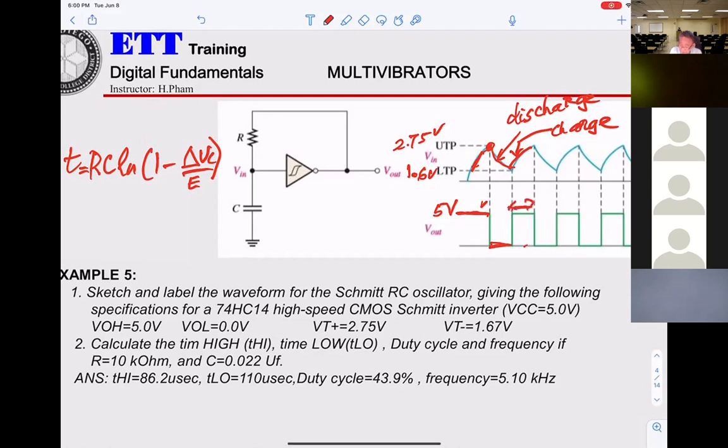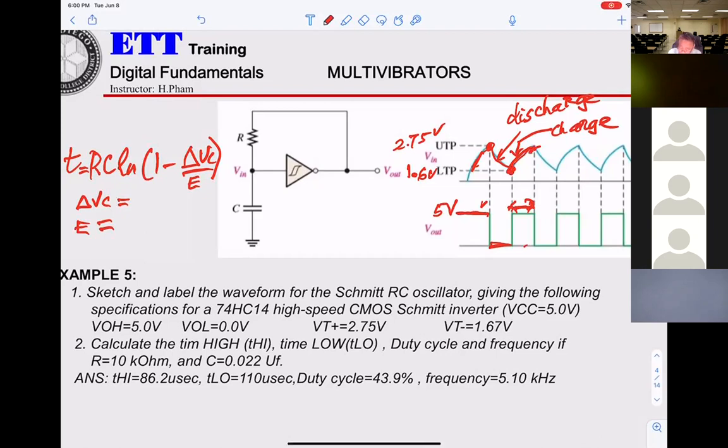If they want to calculate the T high, that means the output high. So for T high in here, you need to know what is the value of delta VC and what is the value of E. Now you can easily recognize the capacitor starts right here at 1.6 volt, and they go up to 2.75 volt.